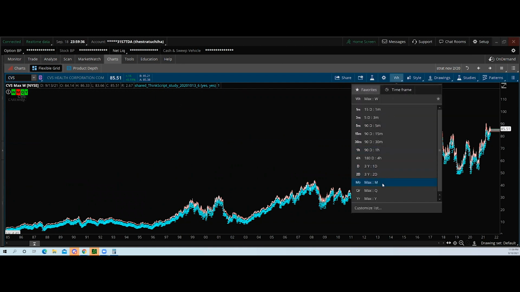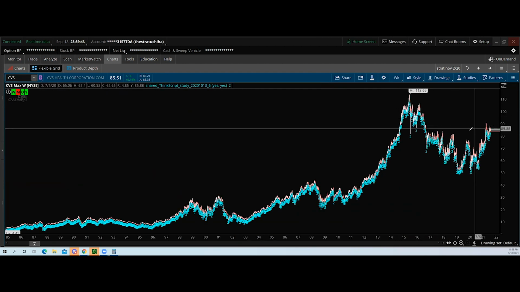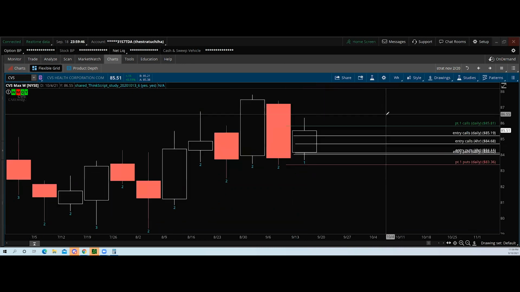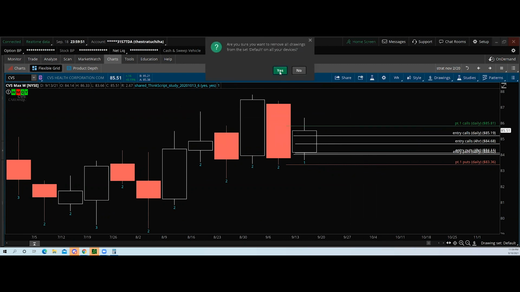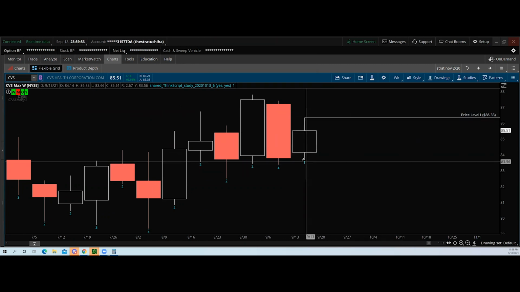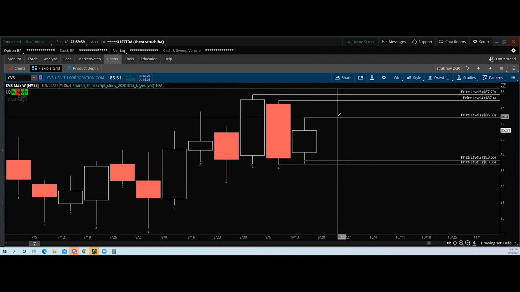So CBS on the month, you see it went 2 up. All right. So it went 3-2 continuation. Right now it's below that, but potentially it could break to the upside. So let me clear this draw set. So mark the high, mark the low. This would be price target 1 for puts. All right.